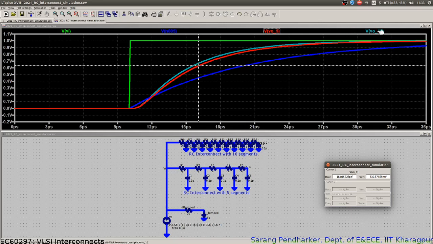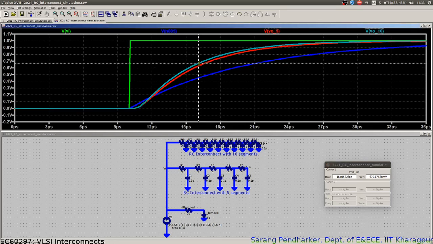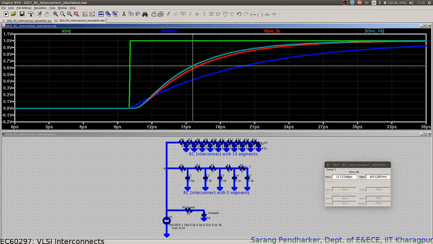Now if I look at V out for 10 segments, in that case, let me make it 6.3, yeah. Here my delay comes out to be 5.57 picoseconds. This is for 10 stages.